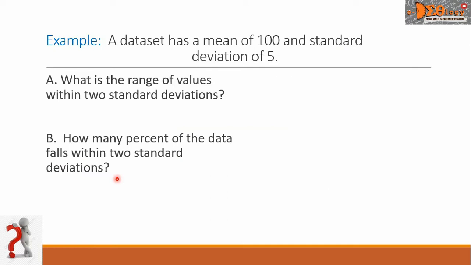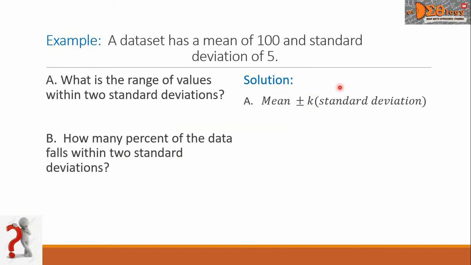Let's start with problem A. We're going to write this formula, mean plus or minus k times standard deviation. The k here is the number of standard deviations that we are interested in.